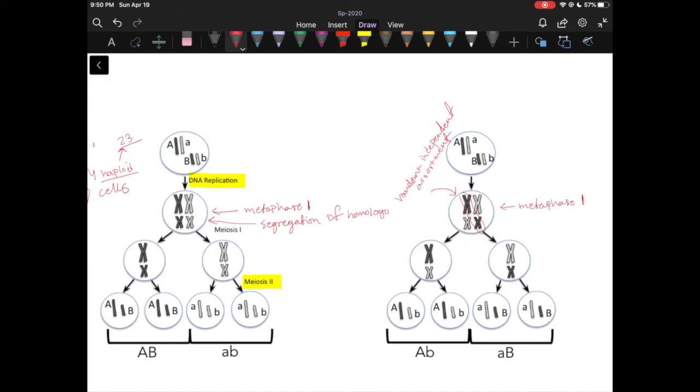Segregation of homologous chromosomes. When they get pulled apart, they're going to look like this, and they're going to have 23 chromosomes in each cell now.